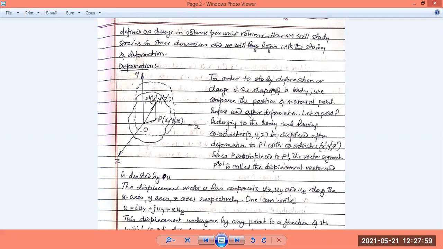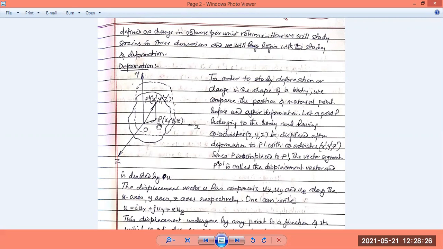Now, to study the deformation or change in the shape of the body, we compare the position of a material point before and after the deformation. First, we consider the position of a particular point on the body, and what position it will take after the deformation itself. This is the line of discussion.